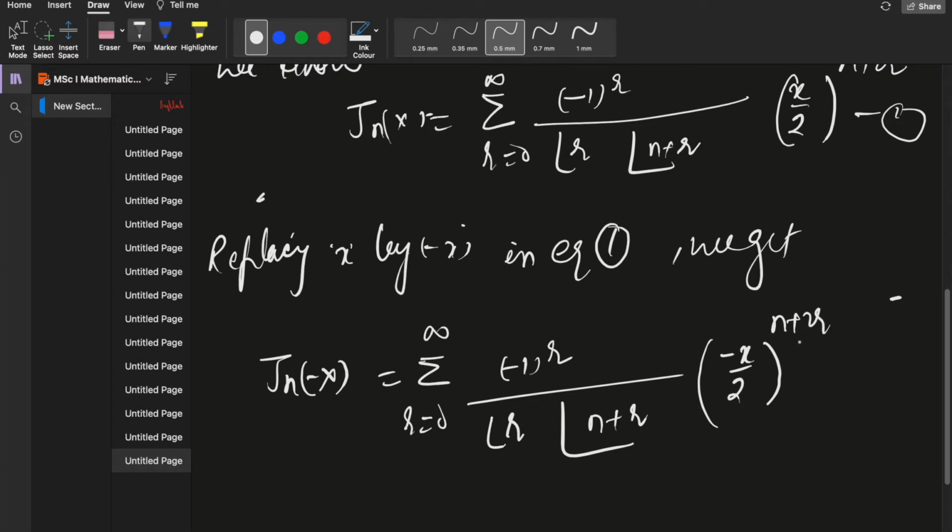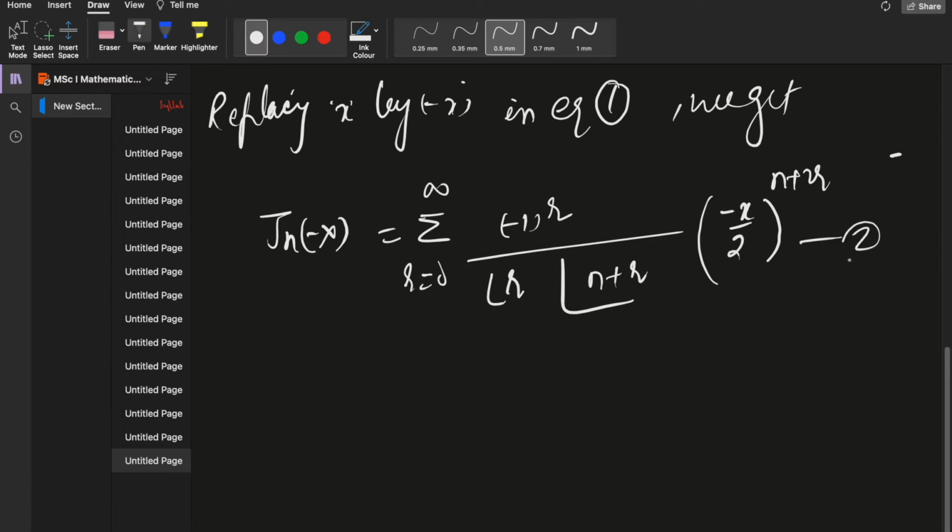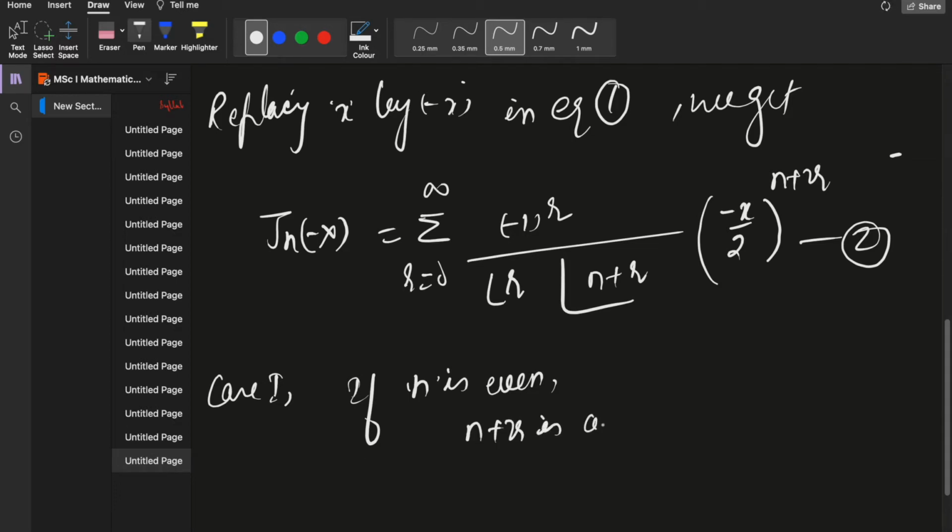Alright, say this is equation 2. Our first case is case 1: if n is even, then n plus 2r is also even.